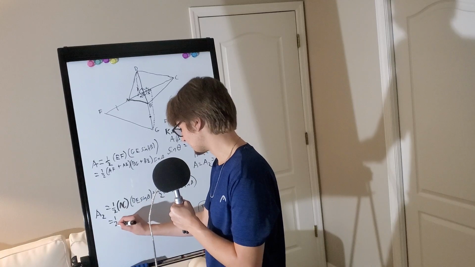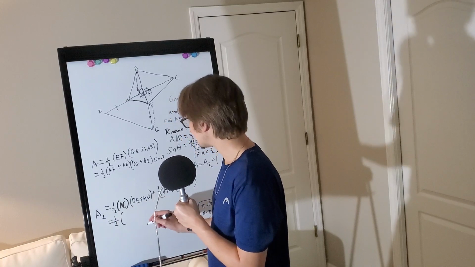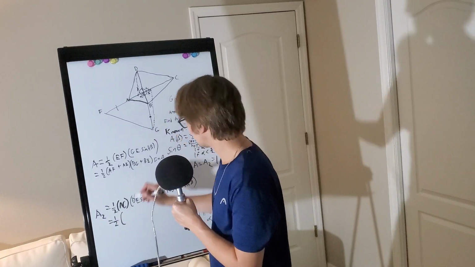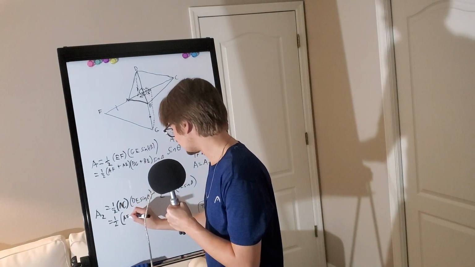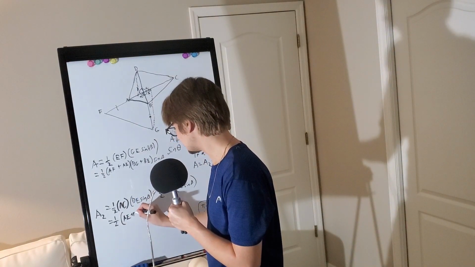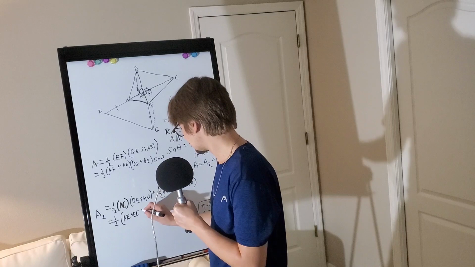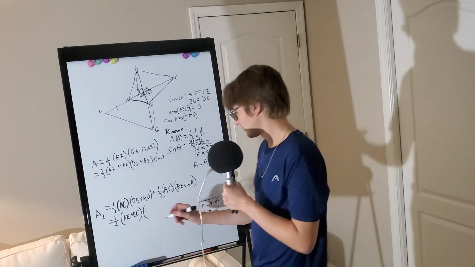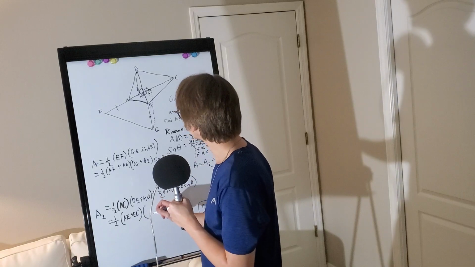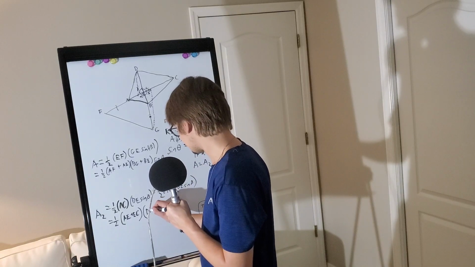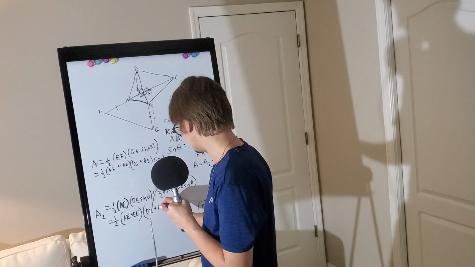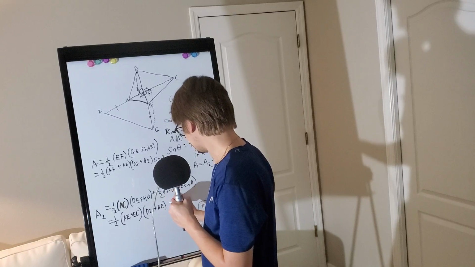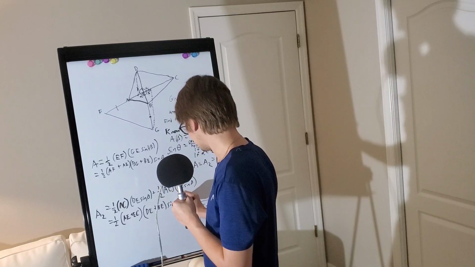So this will be 1/2 AC turns into AE plus BE plus EC. And then we have DE plus BE, sine of beta.